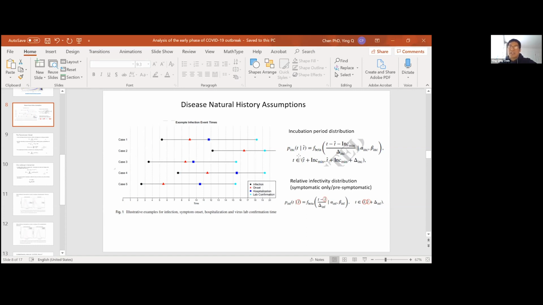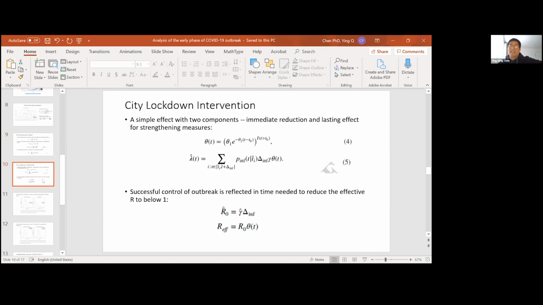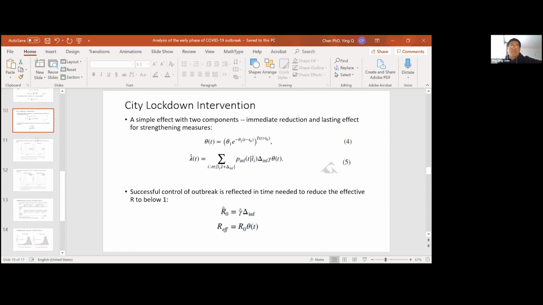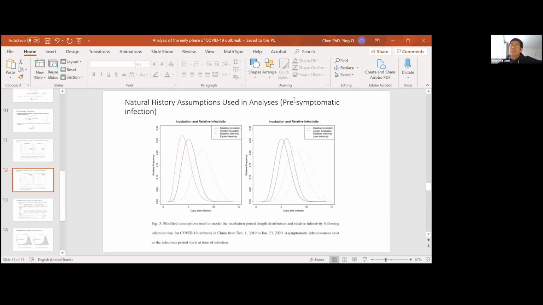So here we model the whole period in terms of the incubation period, and we also model the relative infection distributions, and we put in transmission models, and then put the city lockdown in as an intervention through this modeling. Then we assume different distributions for symptomatic infections and pre-symptomatic or asymptomatic infections.